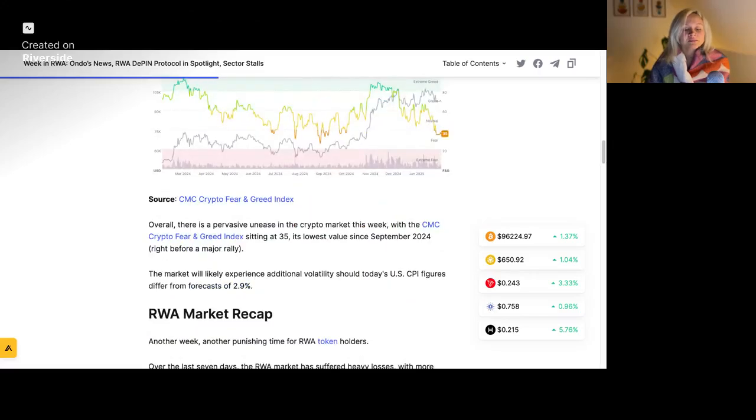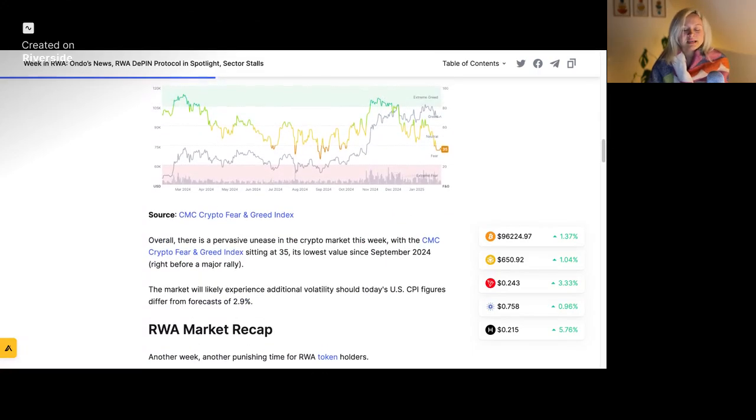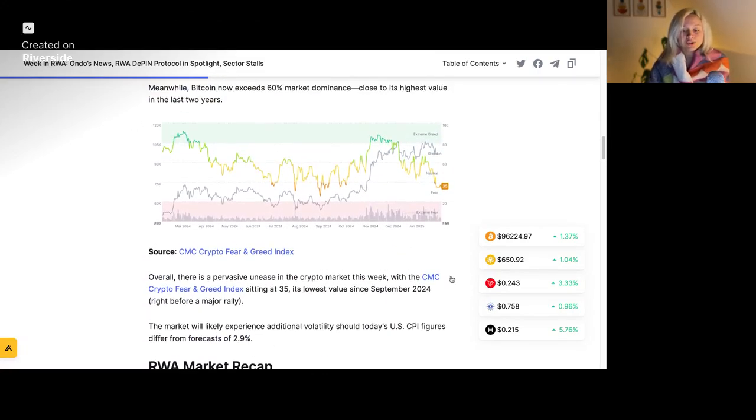Sourced from the CMC Crypto Fear and Greed Index, and if you want to take a screenshot to take a deeper look, or you just come to the RWA pages and go to the article and have a look at the data. It's key when it comes to the market.